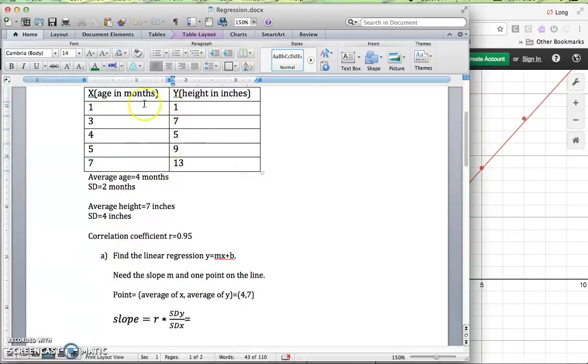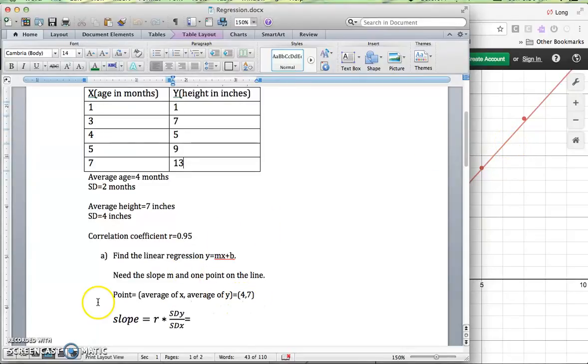Again, there's no line that goes through all these points. We want to find the line that best describes these points. It turns out that that line contains the point of averages, so the average of x and the average of y. The average of x is 4. The average of y is 7. So (4, 7) is on this linear regression line. So that's the easy part.